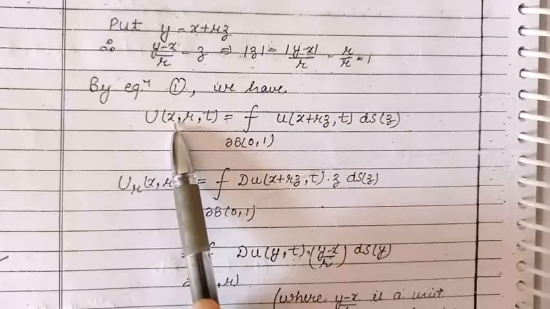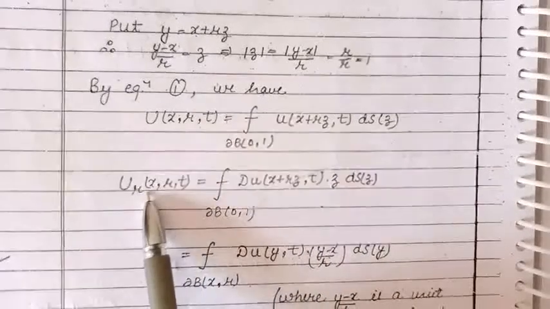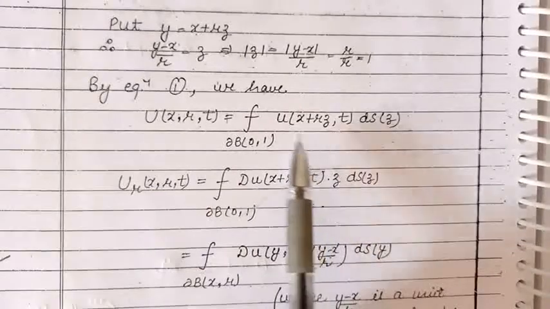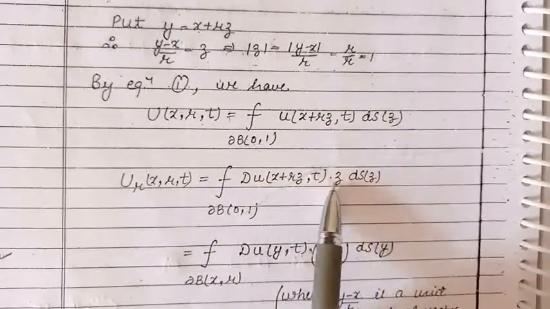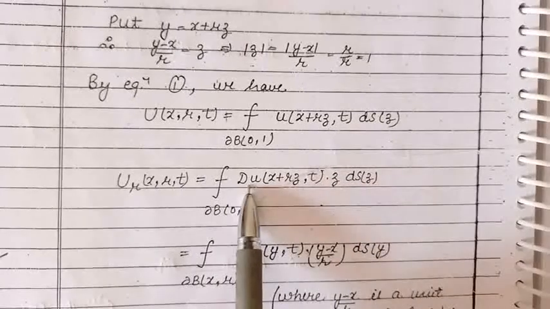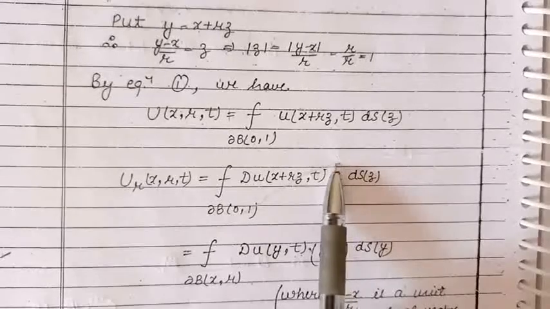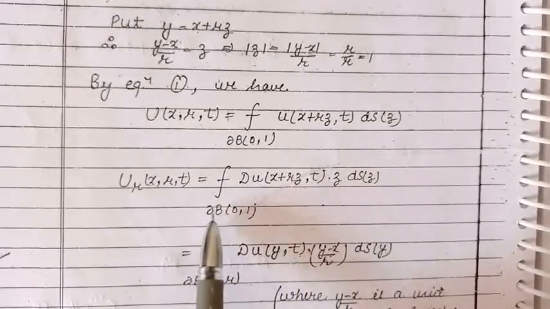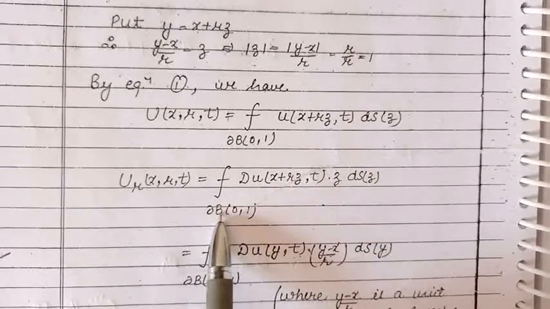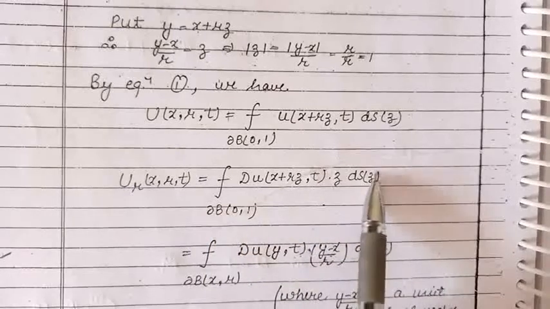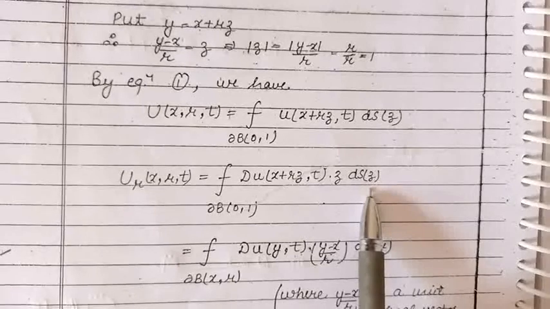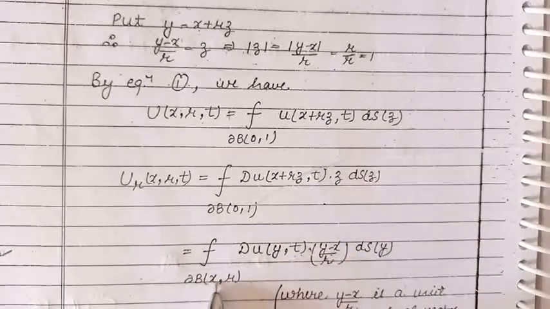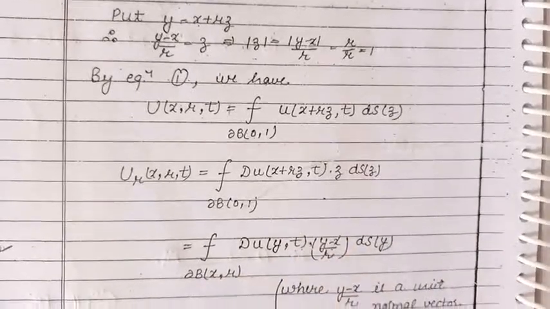differentiating this function partially with respect to r, the derivative of this function is given by Du dot z. Du means gradient of u. Substituting the value of z again, this will again be converted into the sphere with center x, radius r, and correspondingly this point will again change into y, which will lie on the sphere with center x, radius r.